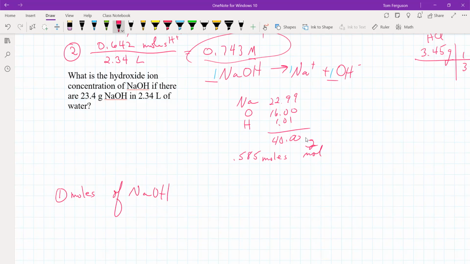When we dissociate OH from sodium hydroxide, we have a reaction equation of 1-to-1. So it's one of these or one of those. So once we find the moles of sodium hydroxide, we'll automatically find the moles of hydroxide ion. Okay, so we're looking at, and it's 40.